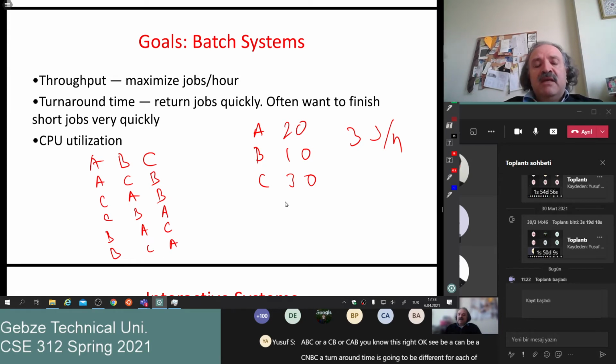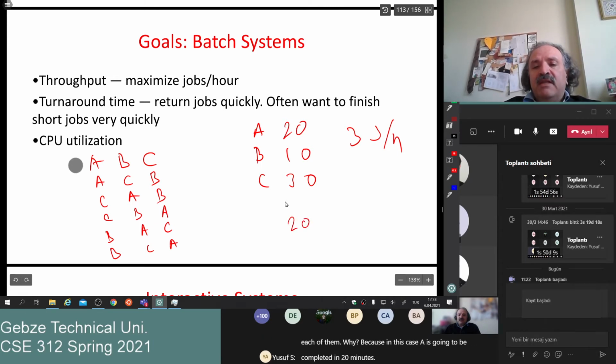Why? Because in this case, A is going to be completed in 20 minutes, plus B is completed in 30 minutes, plus C is going to be completed in 60 minutes.